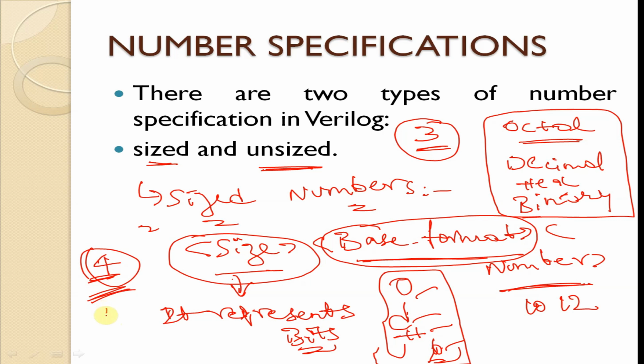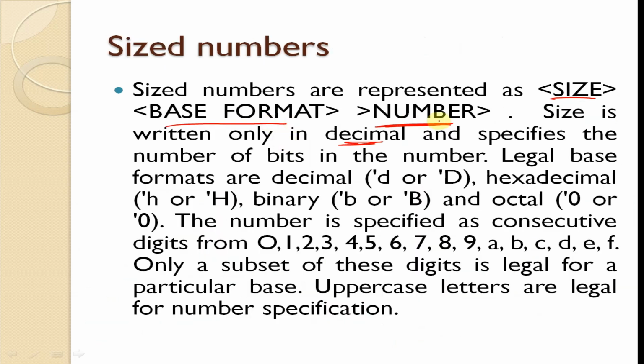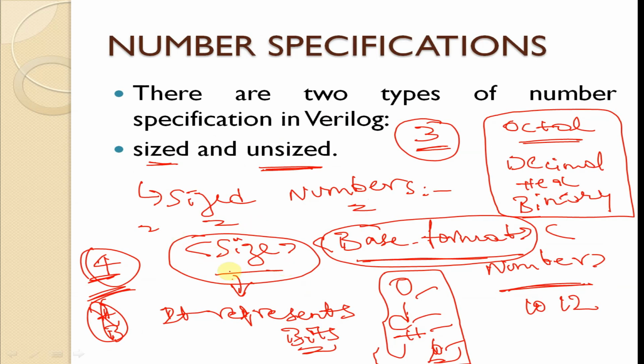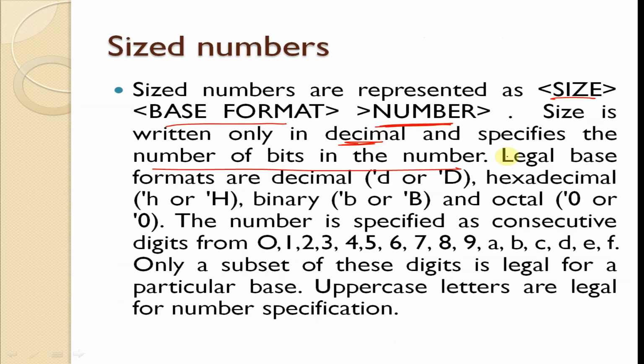We cannot use hexadecimal format like a, b, etc. Here the size specifies the number of bits in the number. And the legal base formats are decimal, hexadecimal, binary, and octal.